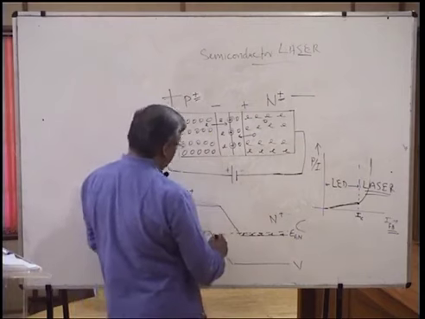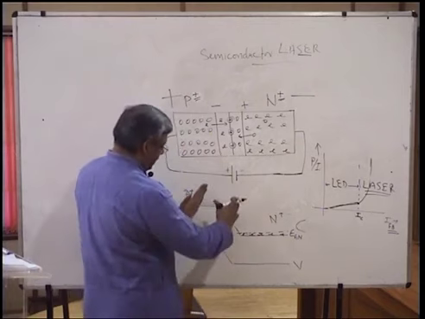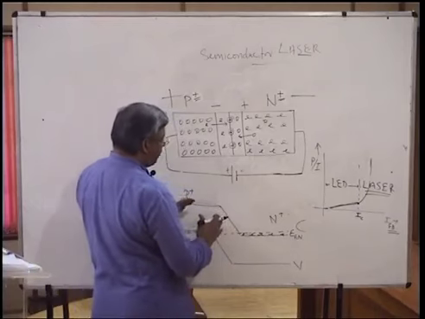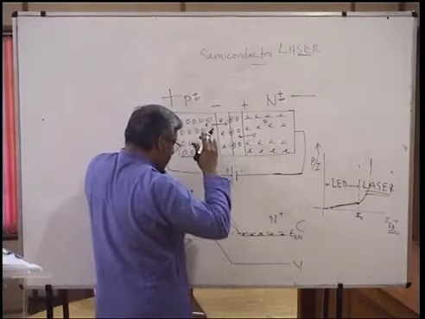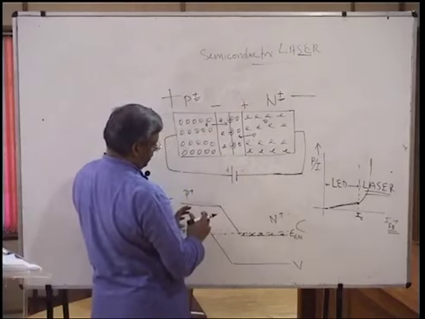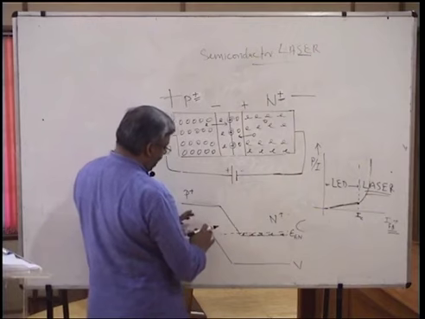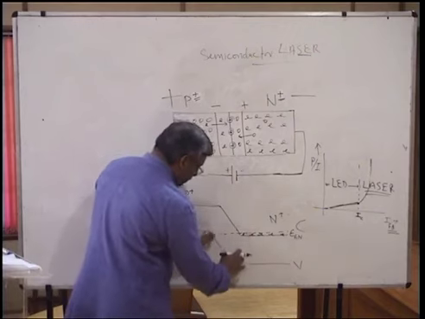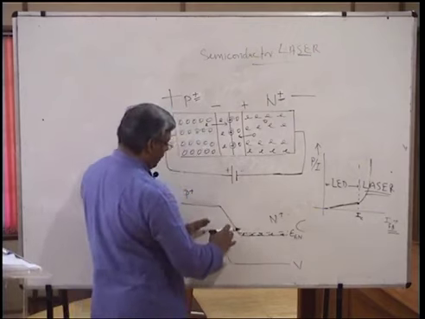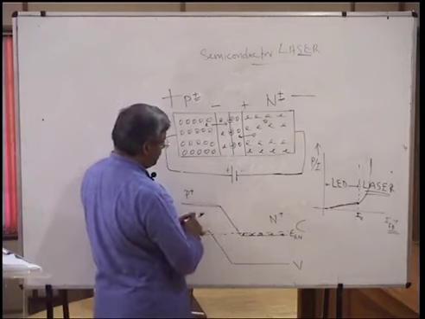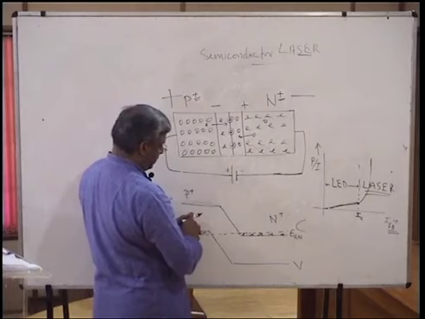That can be explained like this. In the depletion layer, the conduction band will be highly populated by electrons, and the valence band of the depletion layer will be highly populated with holes. So this is what is called a population inversion in the case of a semiconductor laser.